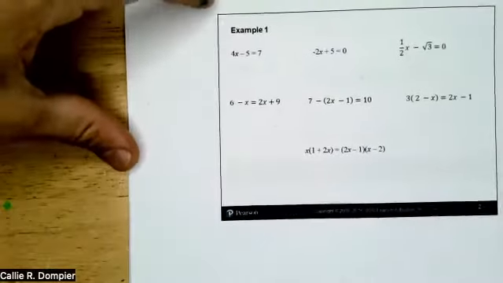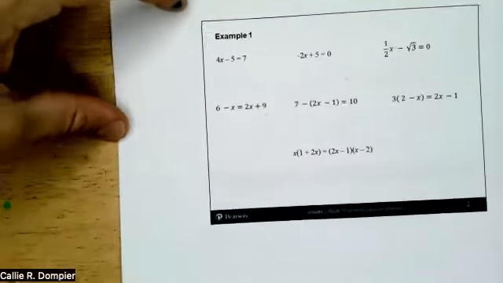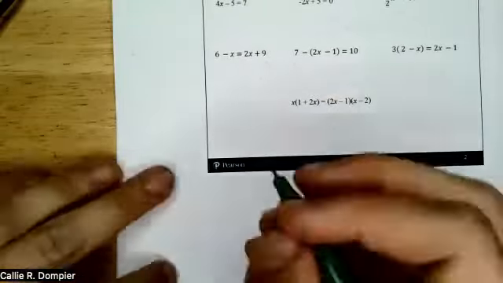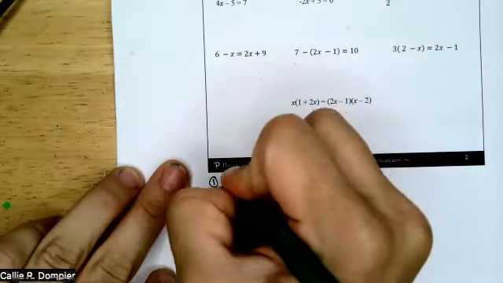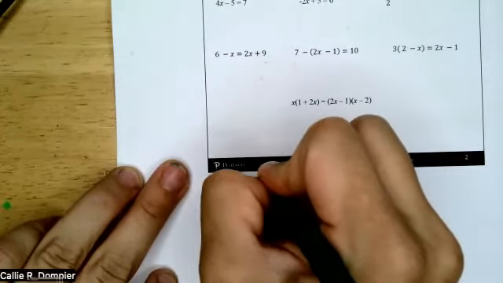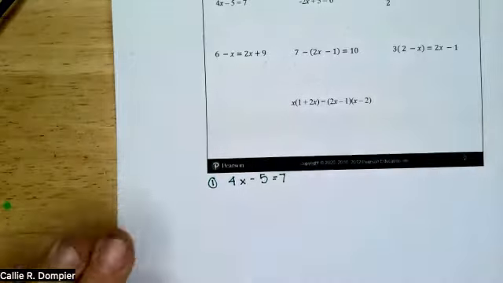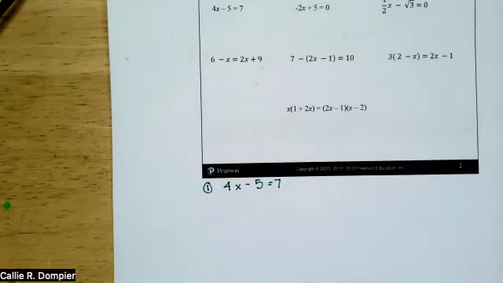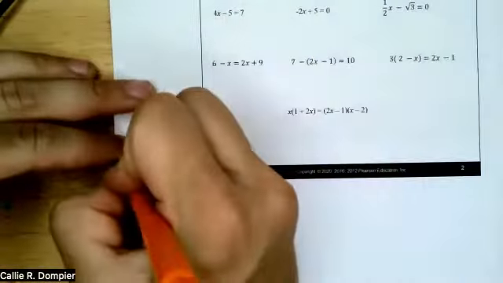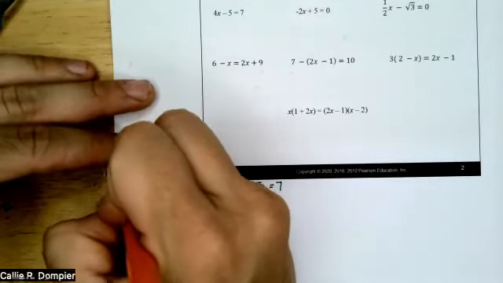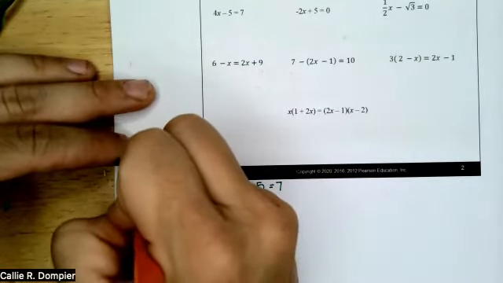So let's just remember we're doing a reverse PEMDAS. Our first example was 4x minus 5 is 7. Parentheses, exponents, multiplication, division, addition, subtraction.